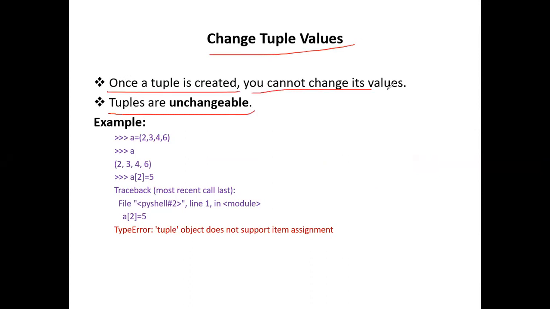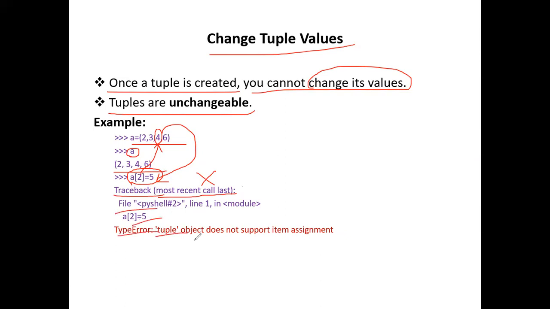If you want to change the third element, which is 4, with 5, we will get an error: TypeError, tuple object doesn't support item assignment.